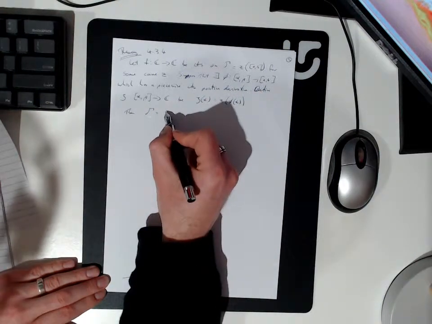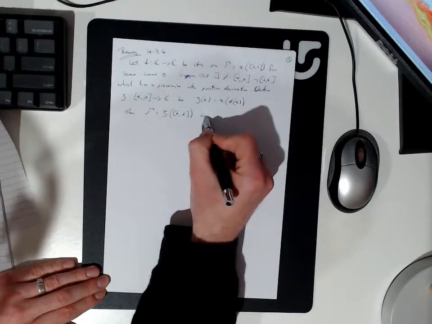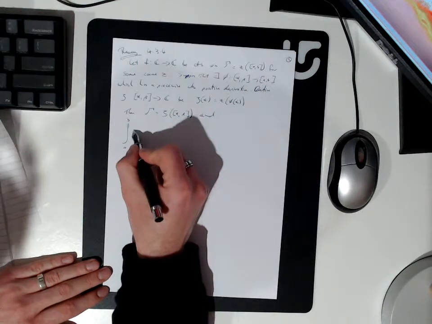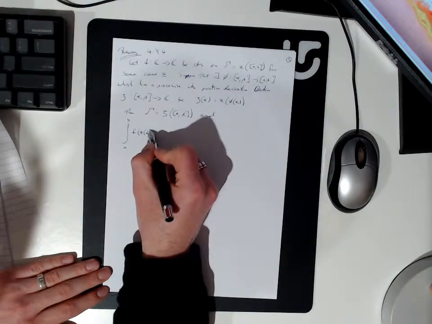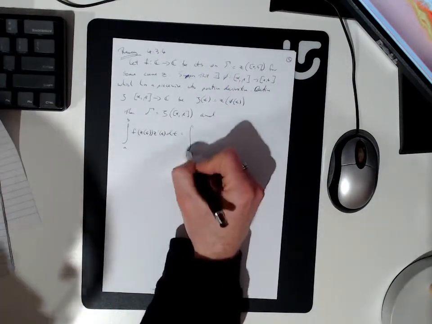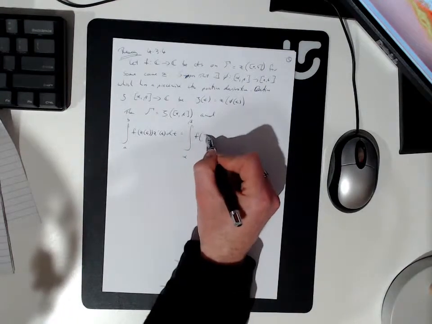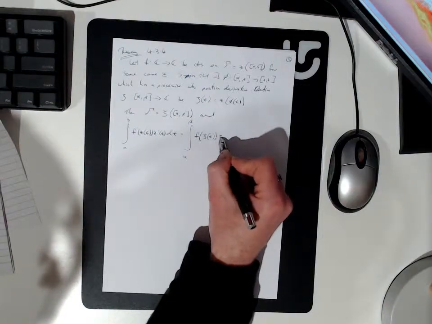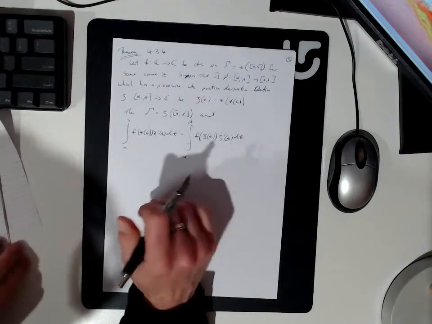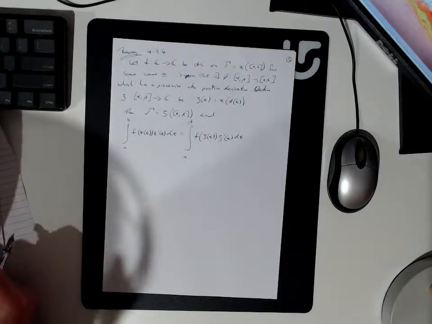Then gamma is also equal to zeta of [alpha, beta], and the integral from a to b of f of z of t, z dash of t dt will also be equal to the integral from alpha to beta of f of zeta of t, zeta dash of t dt. That's just the normal change of parameter result for the real line, so don't worry too much about that.